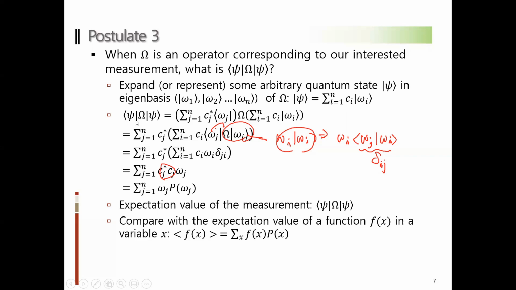That is one of the reasons why people prefer to use the bracket notation, because this shape looks very similar to the classical expectation value expression. Maybe that should not be the only reason we use the bracket notation, but it might be one of the motivations.